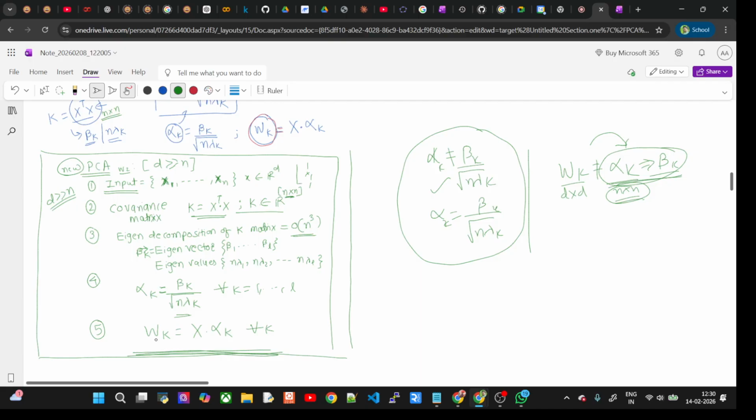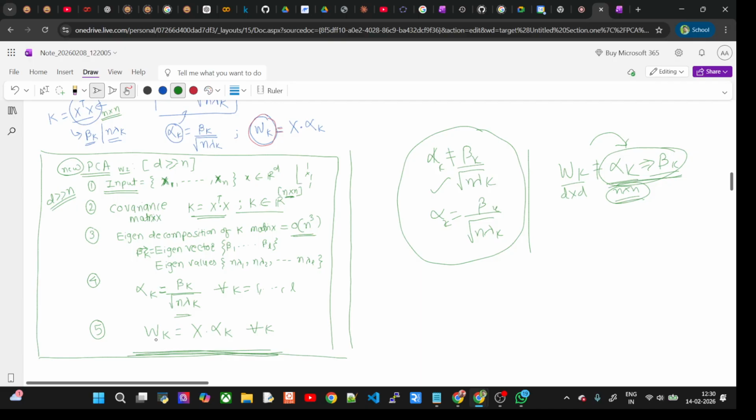We thought that alpha k has the equation xi transpose wk divided by n lambda k, as we had earlier. But you need wk, and alpha k has wk in that equation, so you don't want to use that alpha k equation; you will choose some other equation. You started deriving, and instead of getting the direct alpha k equation, you got two important equations that alpha k has to satisfy.